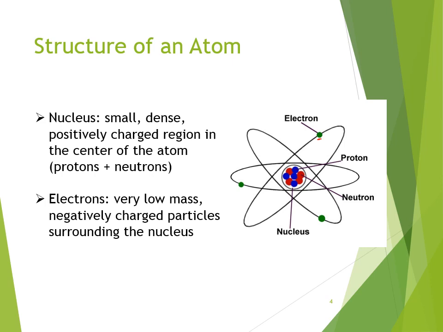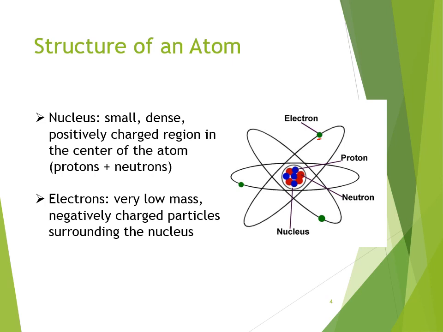The nucleus is a small, dense, positively charged region in the center of the atom. It consists of the 2 subatomic particles, protons and neutrons. The electrons are orbiting around that nucleus, around those protons and neutrons.